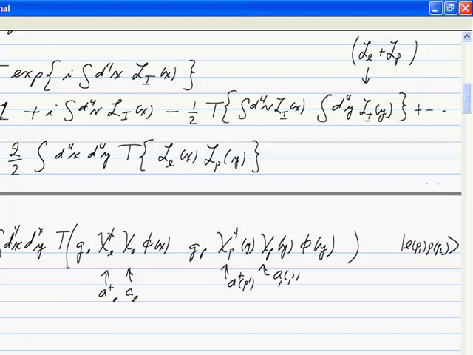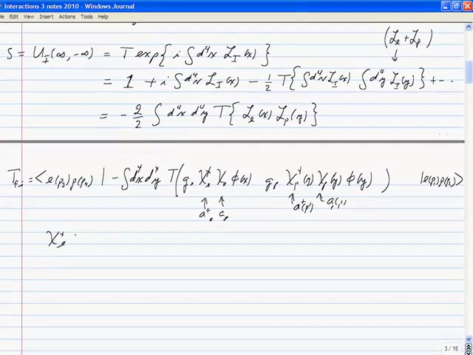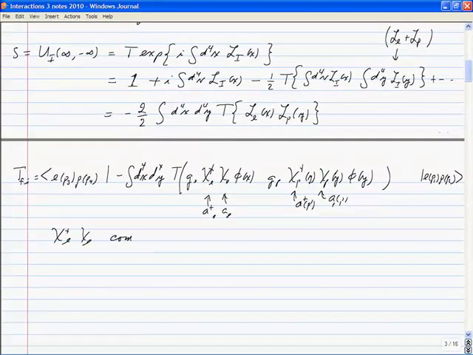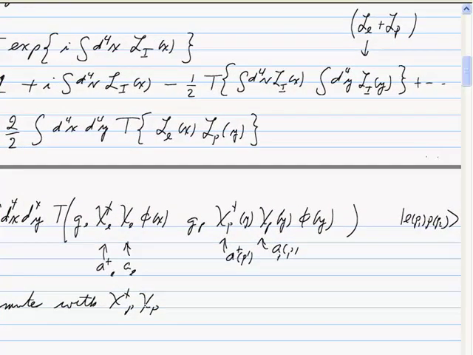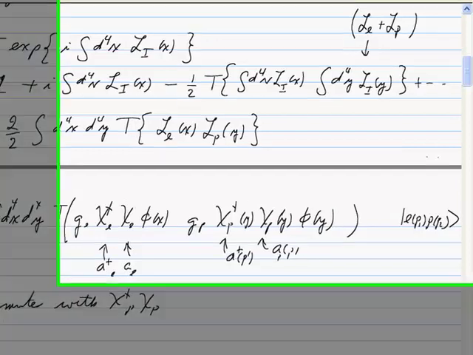Okay. Now, one advantage of doing this is that we don't have to worry about any funny business with the creation of these operators here. So the basic feature is that chi dagger E chi E commutes with chi dagger P chi P. So the fields associated with these guys don't care about each other.